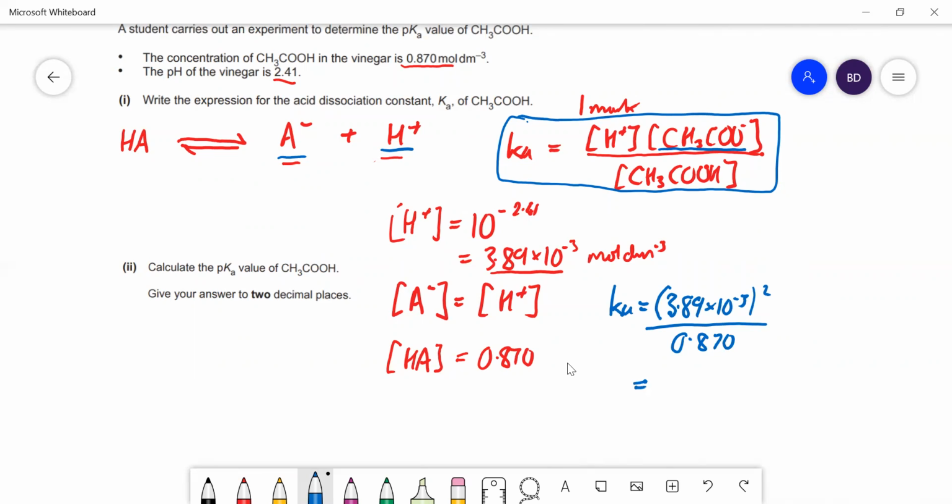That works out to be 1.74 times 10 to the minus 5. That's Ka. The question is asking us for pKa, so we take a minus log of that. So pKa is equal to the minus log of the Ka. Minus log of this number is equal to 4.76. They say to give it to 2 decimal places, so there's our answer, 4.76.